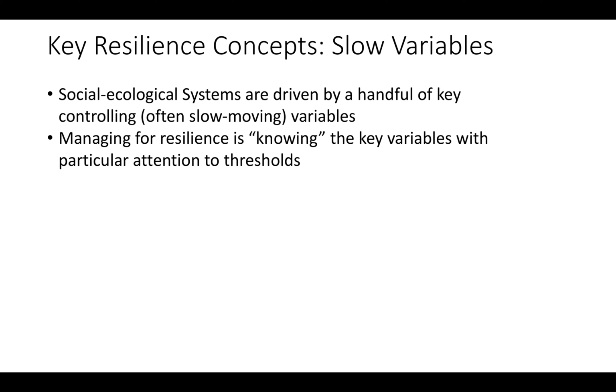Sometimes, certainly in my own work, the amount of variables to consider gets overwhelming. And the real insight here is that there are probably a few slow-moving variables that are really key to the system's resilience. So therefore, managing for resilience is knowing the key variables with particular attention to the thresholds of those variables.